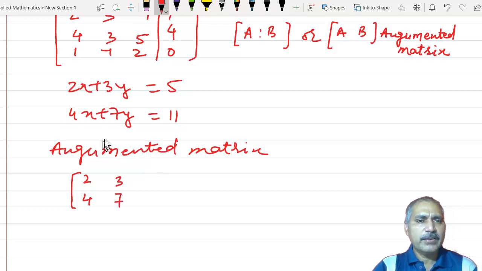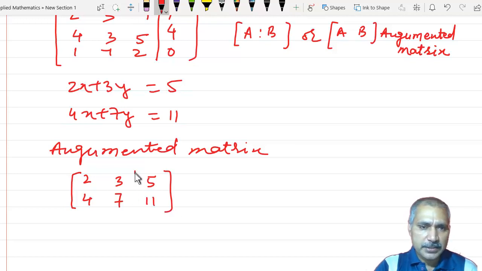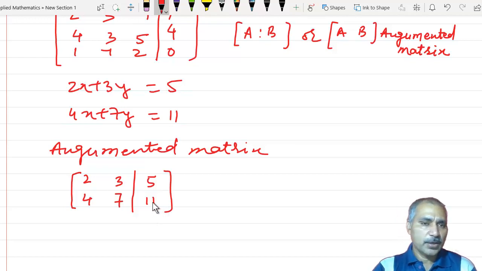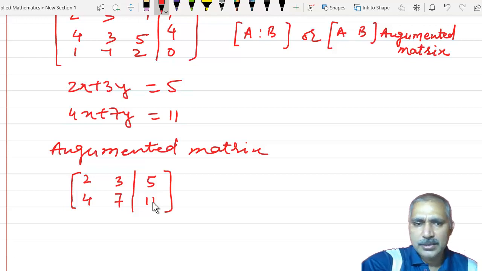Now we have only two variables, so next is the right side, that is 5 and 11, and we separate this by a straight line. It clearly indicates that this right part is the right side of the equation. I hope you have understood. Let us take one more example.